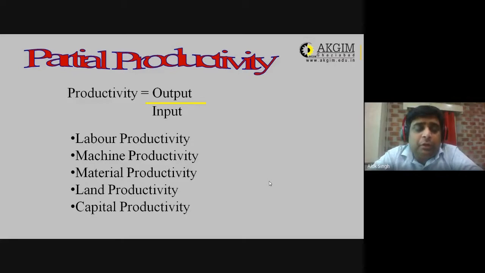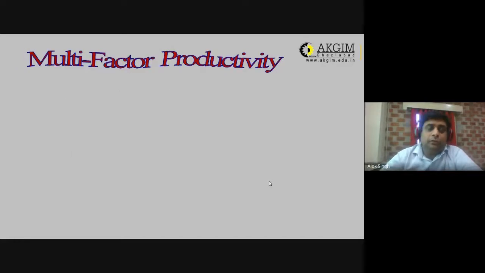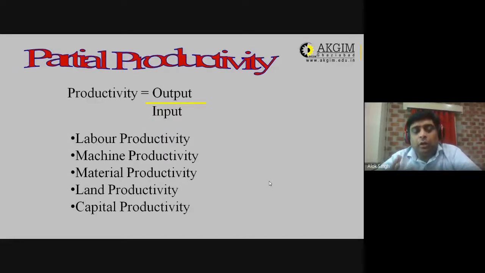The capital you have deployed to a certain operation should bring you higher returns in terms of capital. Then only will you consider such a business. So capital productivity means how much money you have deployed to a certain operation and how much you have gained from that operation. These are all examples of partial productivity, meaning you are considering only one factor to calculate the productivity.